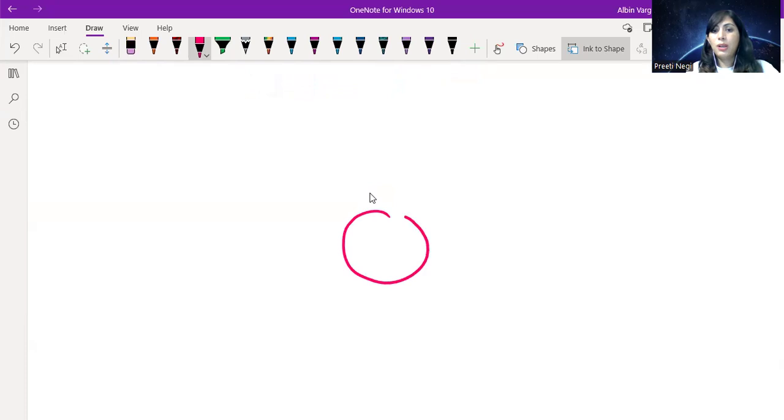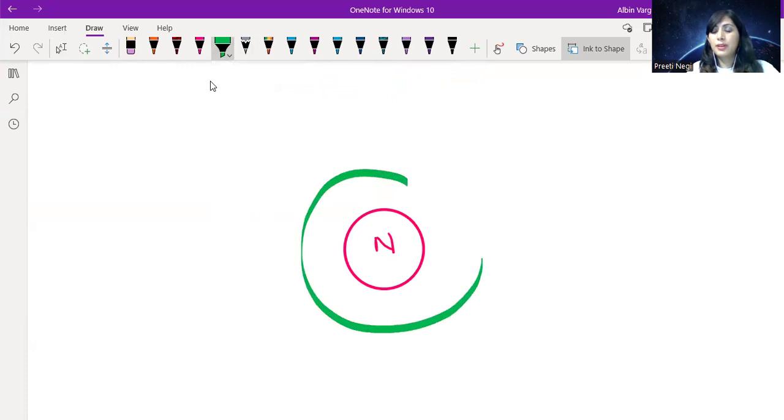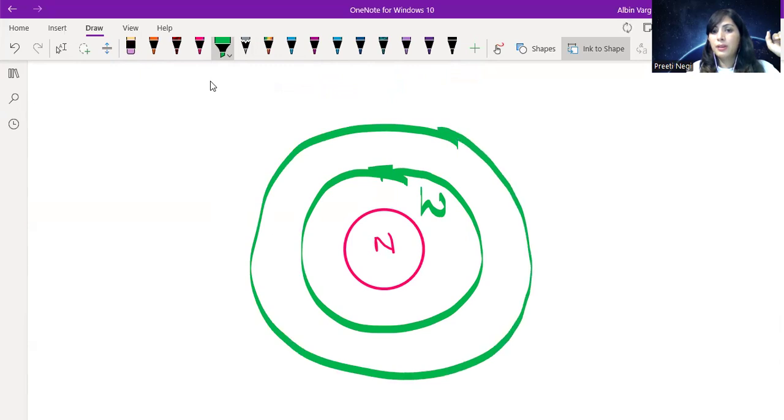So all natural numbers are whole numbers. All whole numbers are integers.